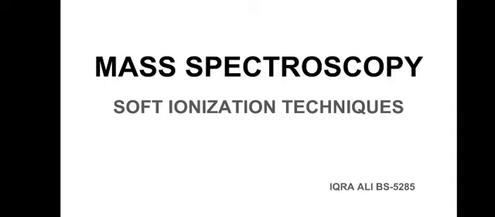We are going to discuss soft ionization techniques in mass spectroscopy today. Before heading towards the main topic, let's first understand some basic concepts in mass spectroscopy together, and what mass spectroscopy actually means.